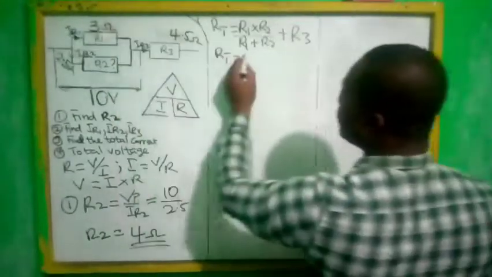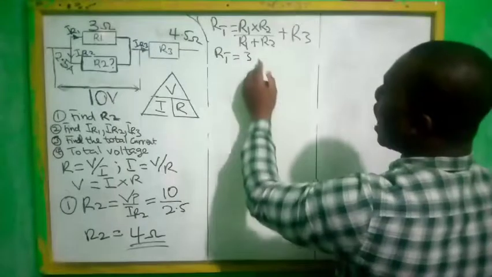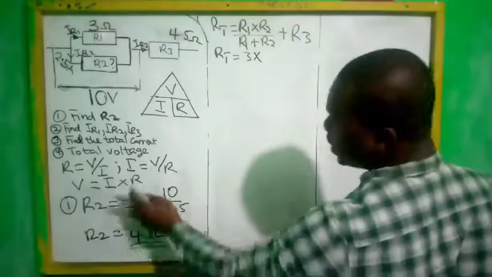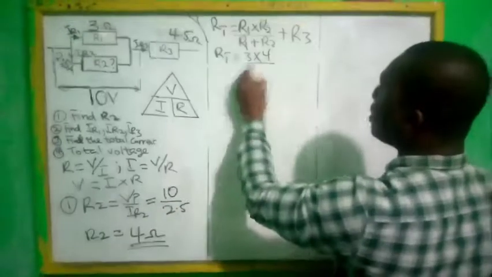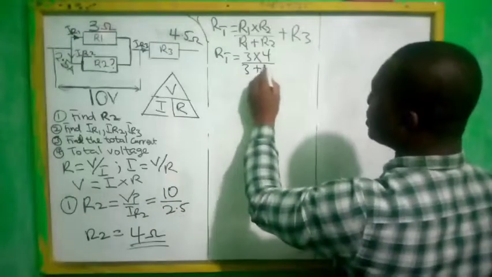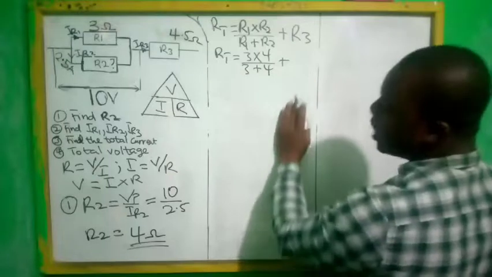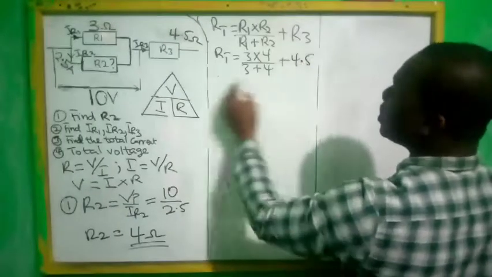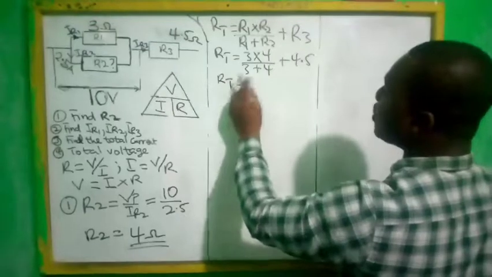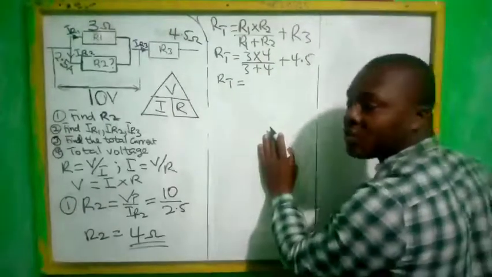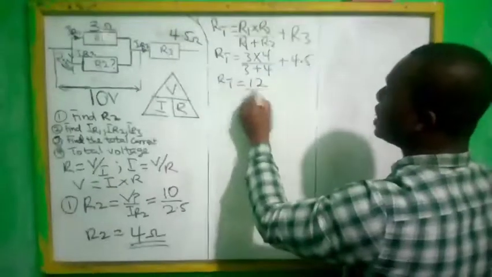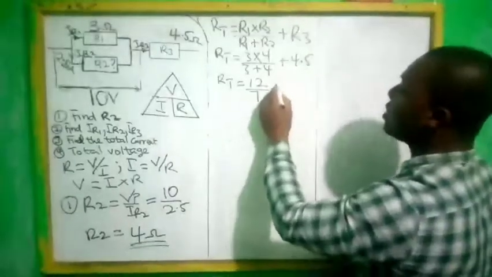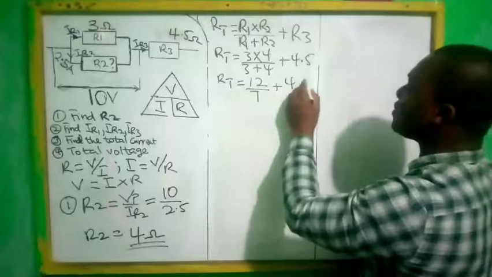R1 is 3, times R2, which is 4, over 3 plus 4, plus R3, which is 4.5. So total resistance is equal to 3 multiplied by 4, which gives us 12, and 3 plus 4 gives us 7, plus 4.5.